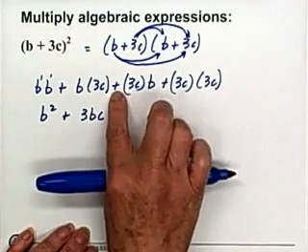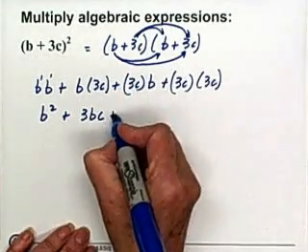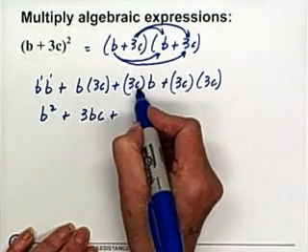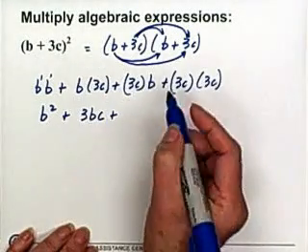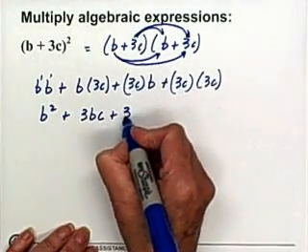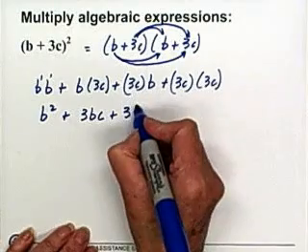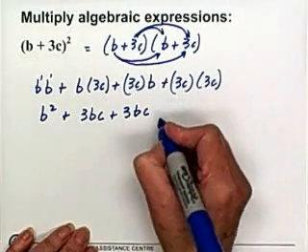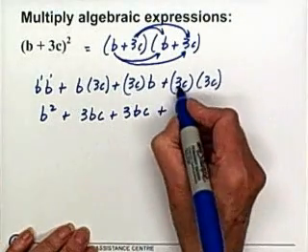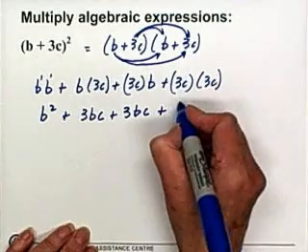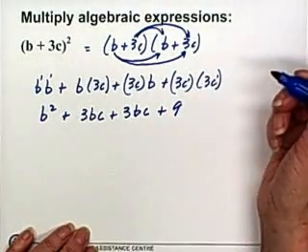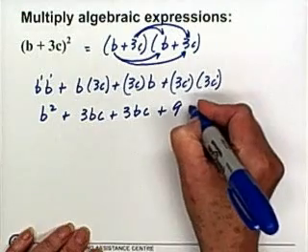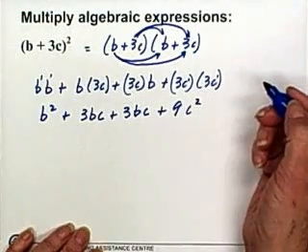Now here we have plus again 3c times b, but it's written alphabetically, so it's 3bc. And here we have 3 times 3, which is 9, and c to the 1 times c to the 1, so that is c squared.